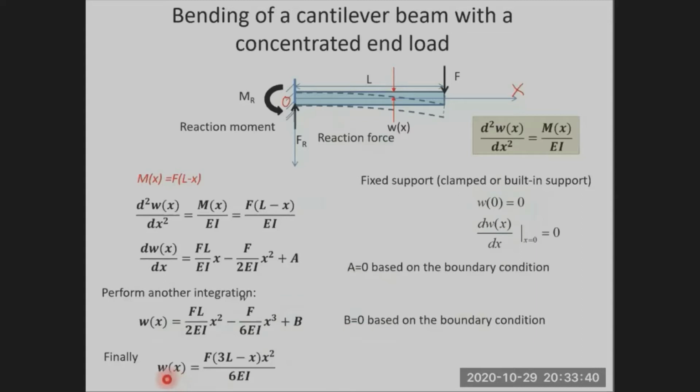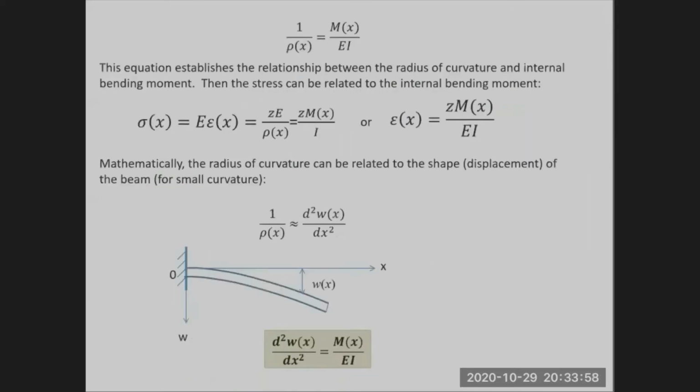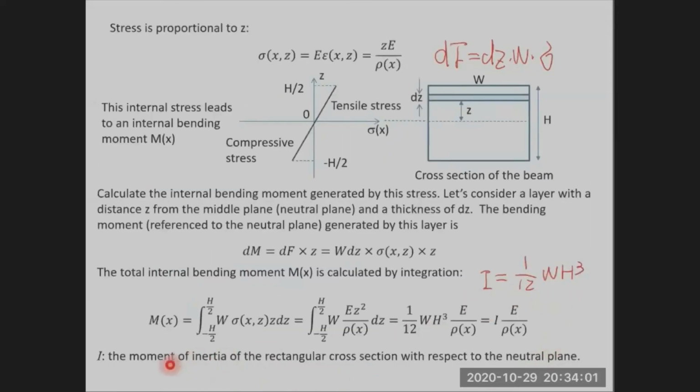So finally, the displacement is equal to, or you can combine these two terms together, w(x) equals F times (3L minus x) times x squared over 6EI. Where's I? Right here. I is the moment of inertia, which is equal to 1 over 12 WH cubed.